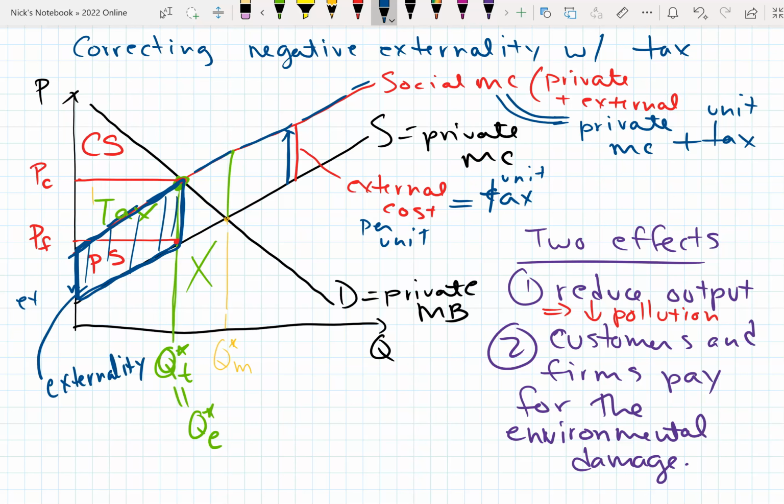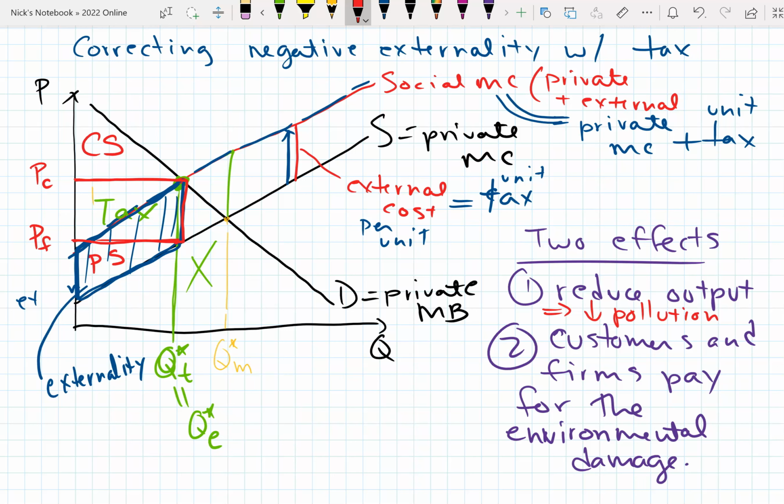There still is an externality, but now the tax part and the externality are exactly the same. That's what I meant by the customers and the firms paying for the environmental damage. I'll talk about this a little more in the learning unit, and I will also talk about some of the other solutions.